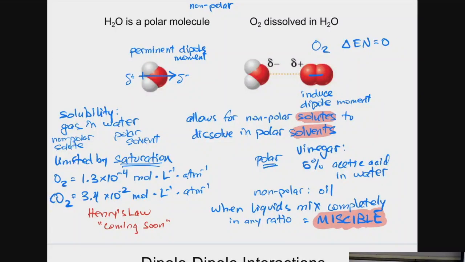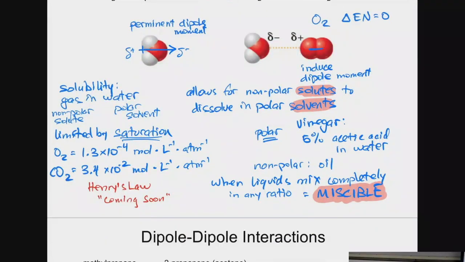So CO2 is larger, so it also has a greater mass. That's kind of what I mean by larger. It has more electrons. It has more surface area. It overall has more polarizability.